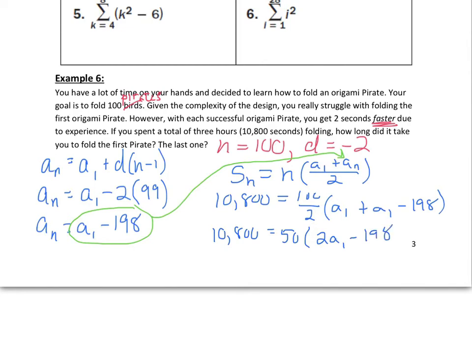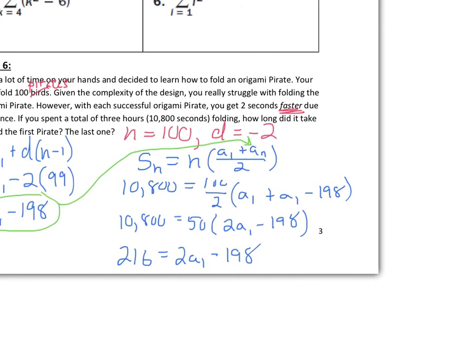All right. Next step, I would go ahead, oops, let me close those parentheses. I'd go ahead and divide both sides by 50. And when I do that, 10,800 divided by 50 works out to be 216. And that's equal to 2a1 minus 198. Now I would add 198 to both sides. I've got to scoot a little bit here to the right.